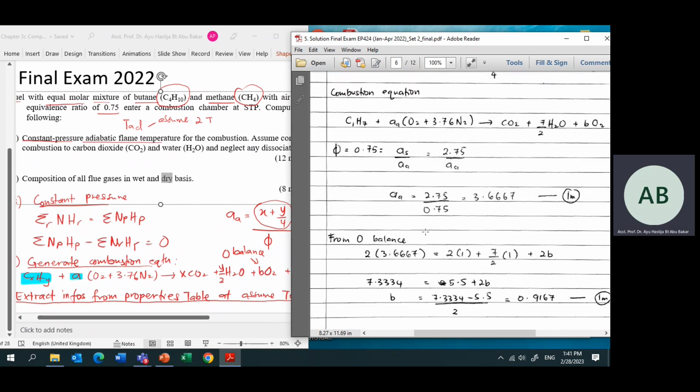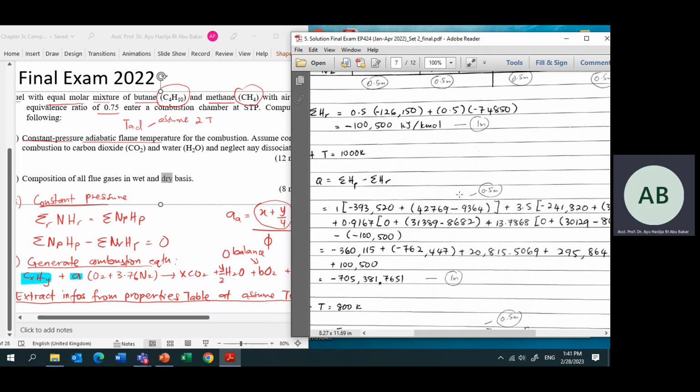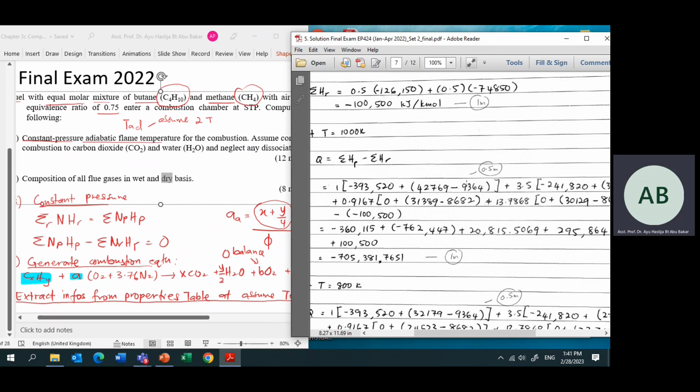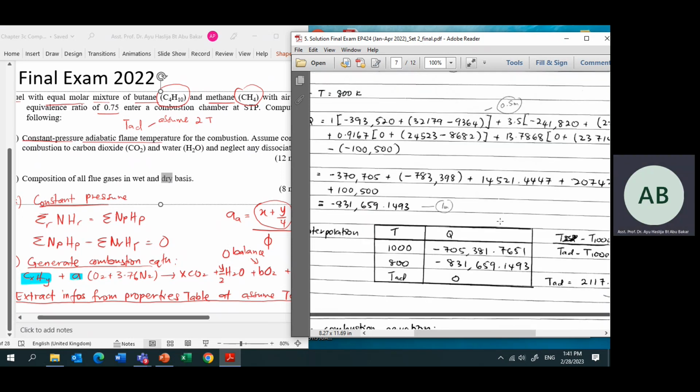Show all the steps for the calculation, and plug in all the correct info in the calculation. Here also there are marks if you input the correct values. Any questions so far?